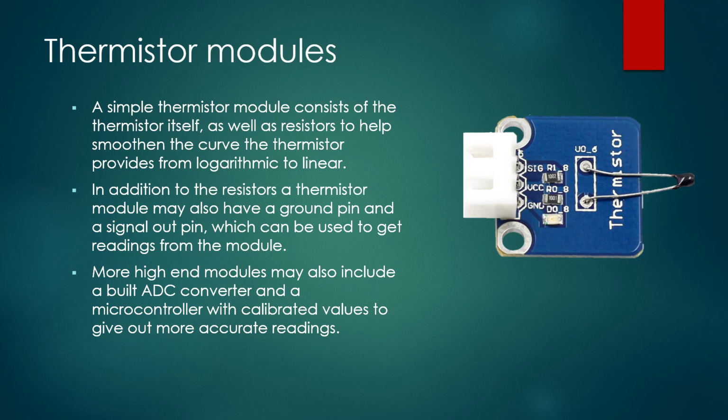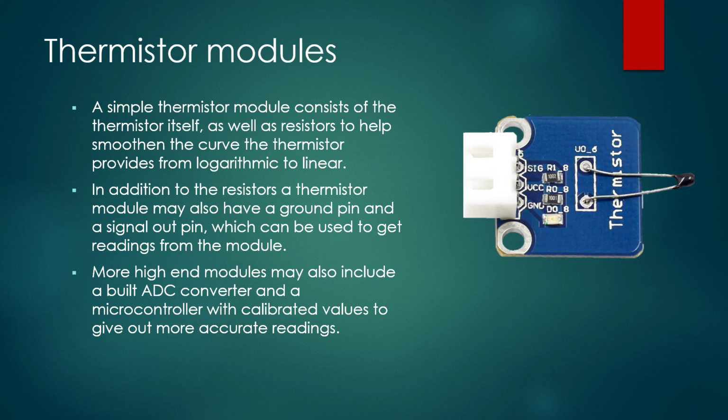The thermistor module in its most basic form consists of the thermistor itself and a resistor to help smoothen the curve of the temperature the thermistor provides from logarithmic to linear.